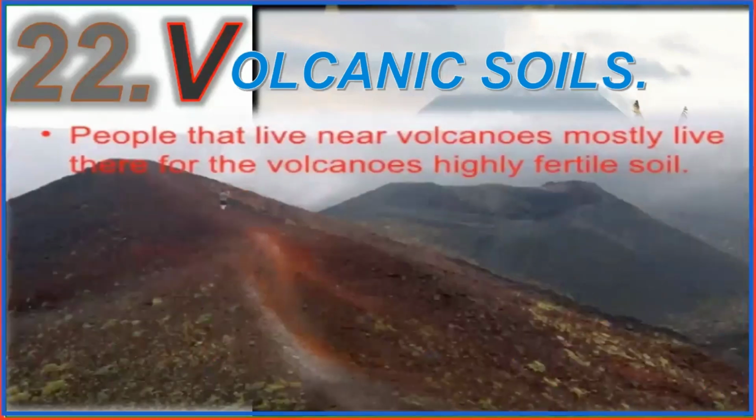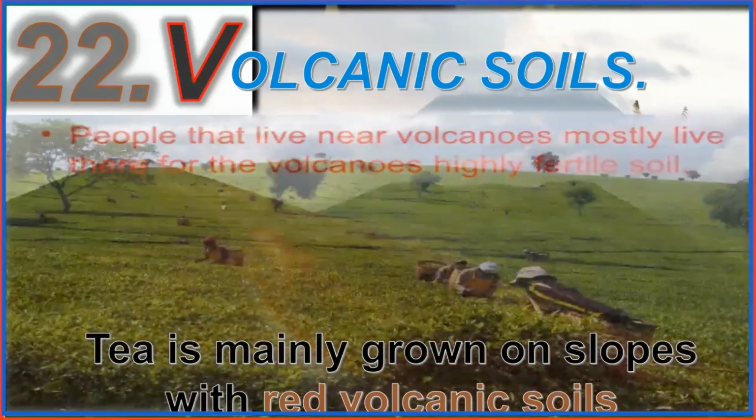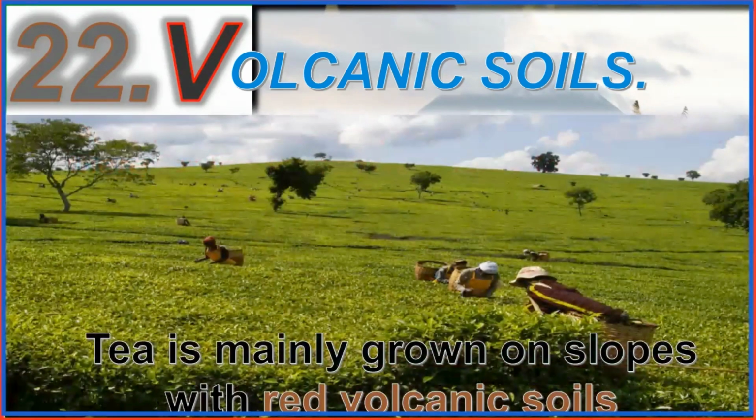People that live near volcanoes mostly live there for the volcanoes' highly fertile soil. Tea is mainly grown on slopes with red volcanic soils.